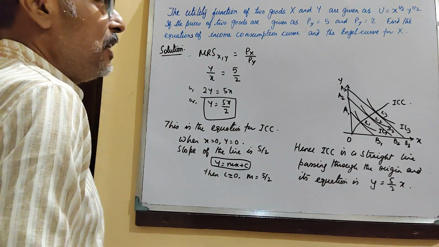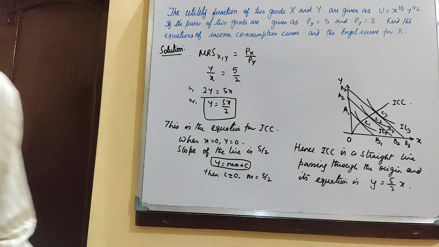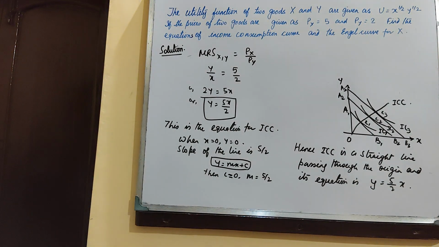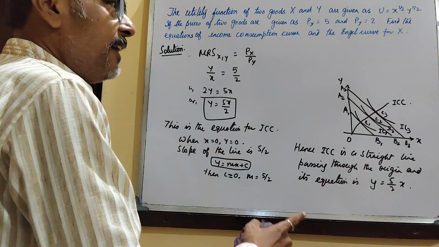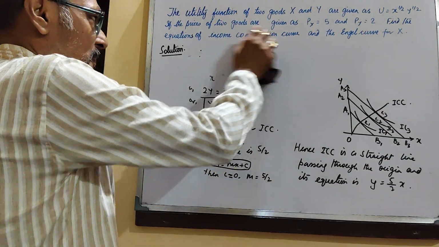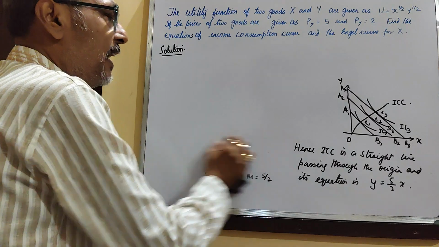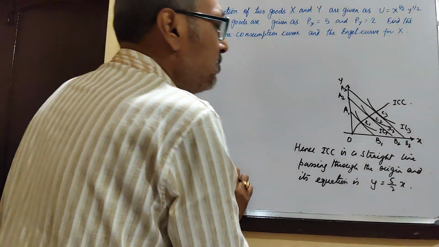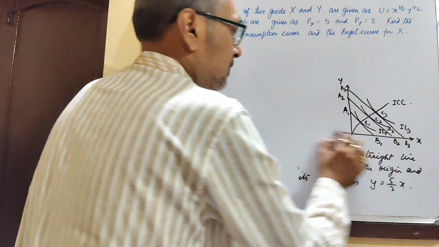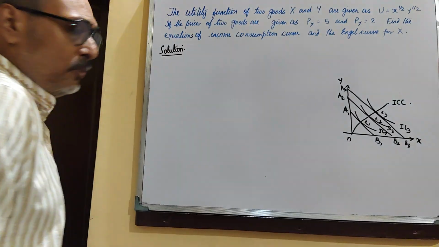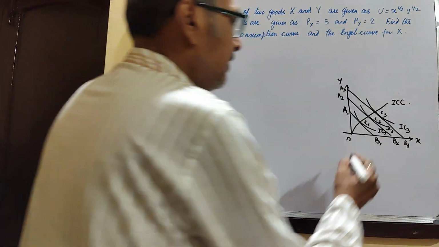Now we derive the equation of the Engel curve. We derive the Engel curve in the xm plane. That is, on the horizontal axis we measure x, and on the vertical axis we measure income. Now, the Engel curve will be like this.